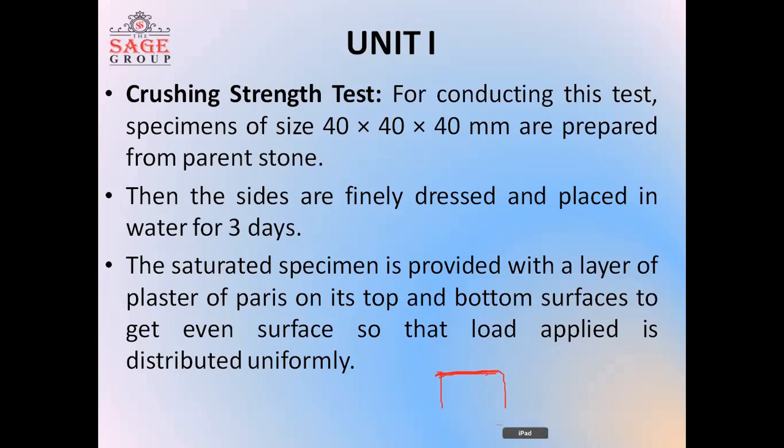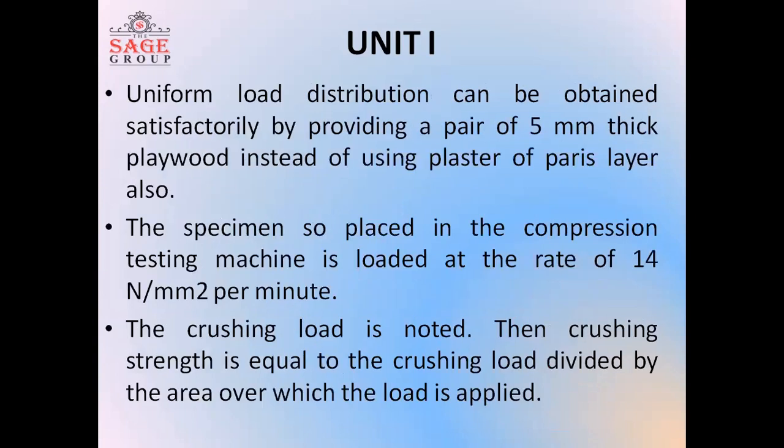If the load is not distributed uniformly, then an undistributed load is applied on the stone, due to which the exact or accurate strength of the stone cannot be obtained.